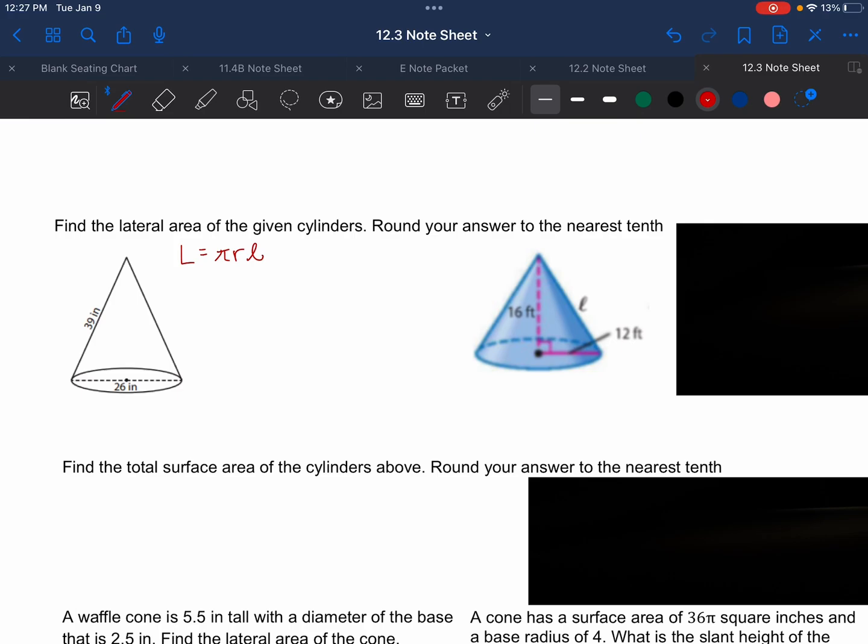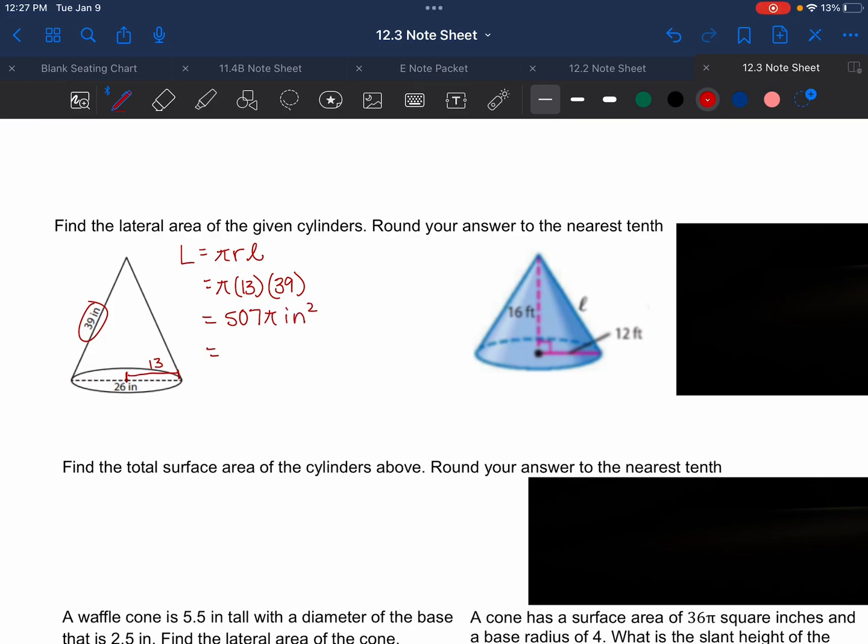So R is the radius, and the radius of this base is 13, half of 26. So it's pi times 13 times L, the slant length, which is 39. So in terms of pi, this lateral area, if I do 13 times 39, I get 507. So it's 507 pi inches squared.